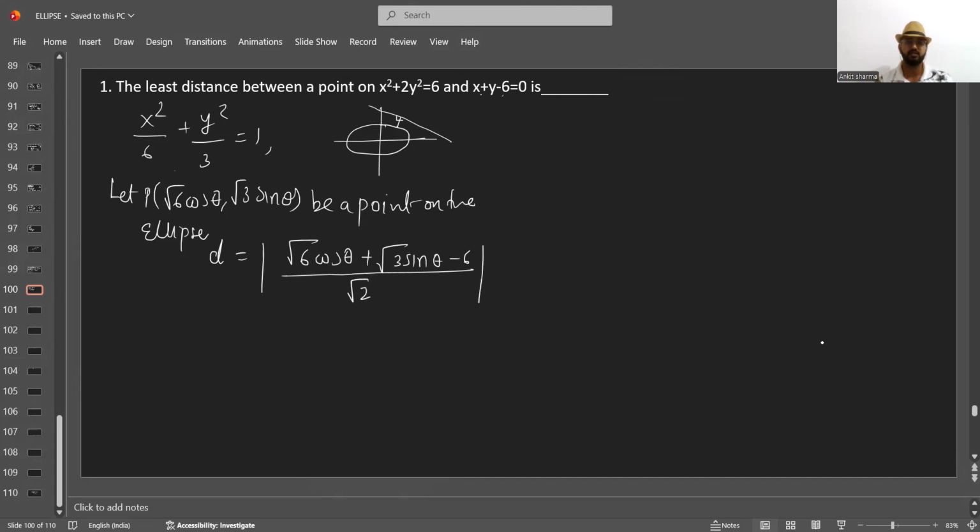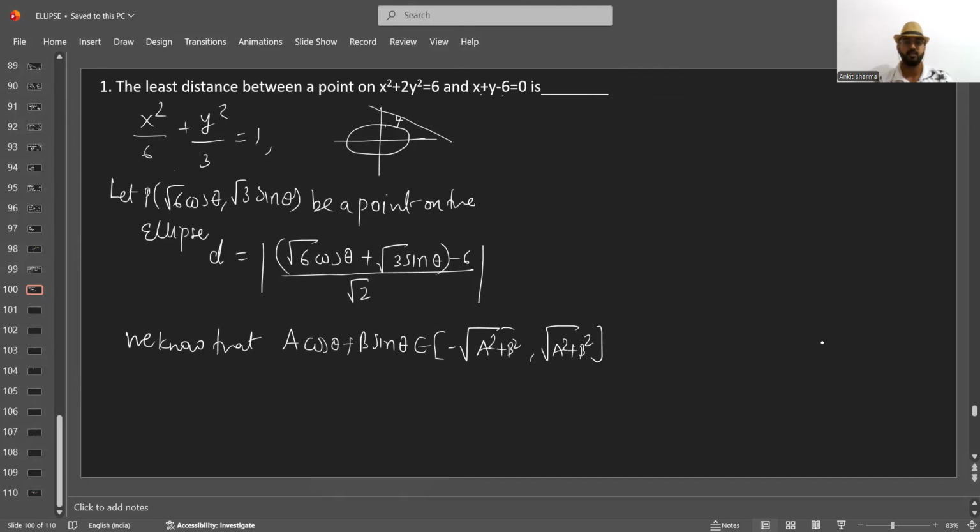Now we want the least distance, which means we need to minimize this distance. If I have a cos theta plus b sin theta, then this always belongs to the interval from minus square root of a square plus b square to square root of a square plus b square.